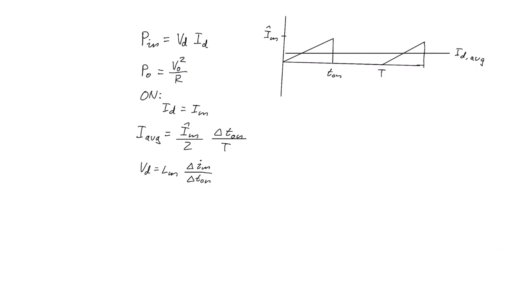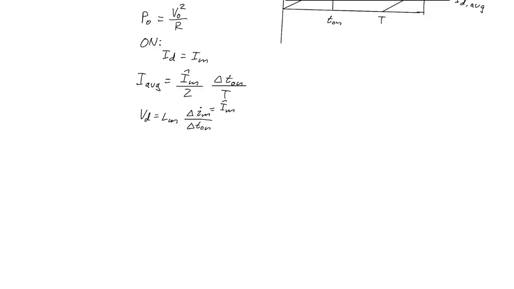We know that the change of magnetizing current should be equal to the peak magnetizing current because it goes from 0 to the peak. And therefore we can solve this equation here for the magnetizing current, which should be equal to VD multiplied by the change of time over LM.